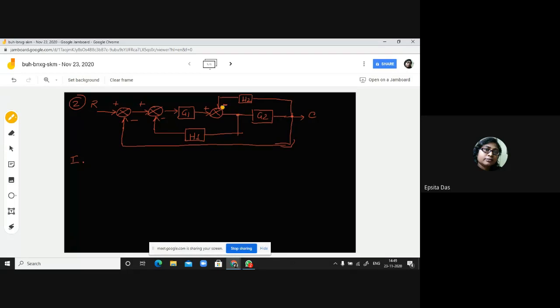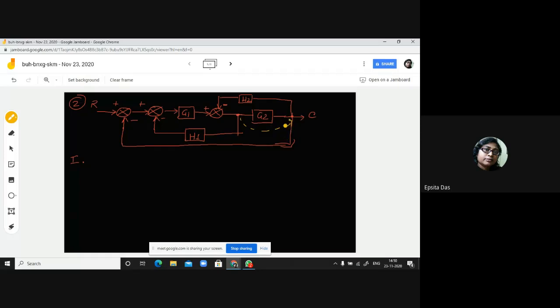And similarly, we can take a summer in front of a block or behind a block. Okay? Now according to that rule, we cannot move this point in front of this summer because we haven't done a simplified solution for that. Rather, if we think this way, we can move this point here, we have the rule with us.